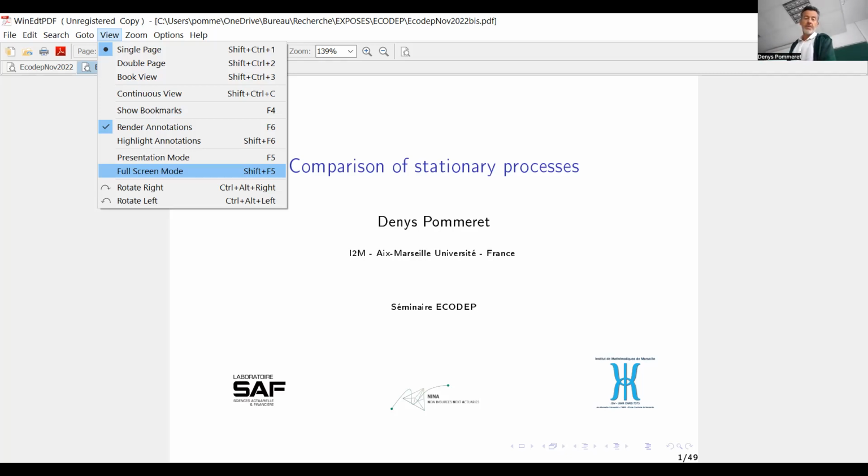A brief history. First, when you want to compare a distribution of, say, IID observations to a given distribution, you have many possibilities to construct tests, such as a goodness-of-fit test.